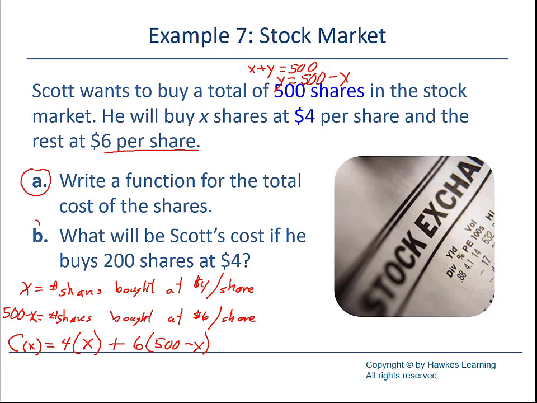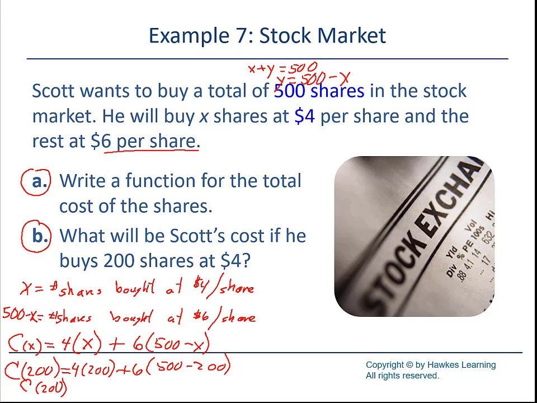Second part. What will be the cost if he buys 200 shares at $4? Since x represents how many shares at $4, we can just put 200 in for each x. So I have 4 times 200 plus 6 times 500 minus 200. What do we have for our cost?